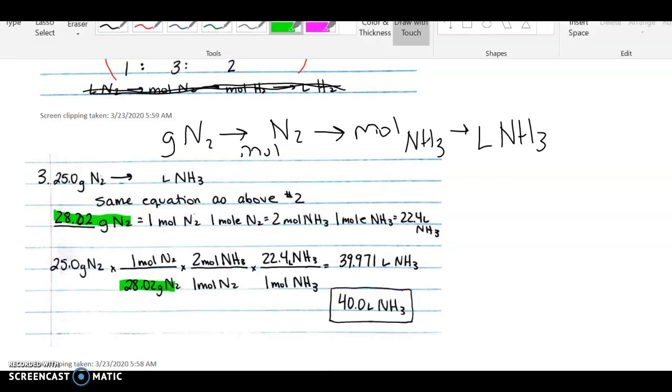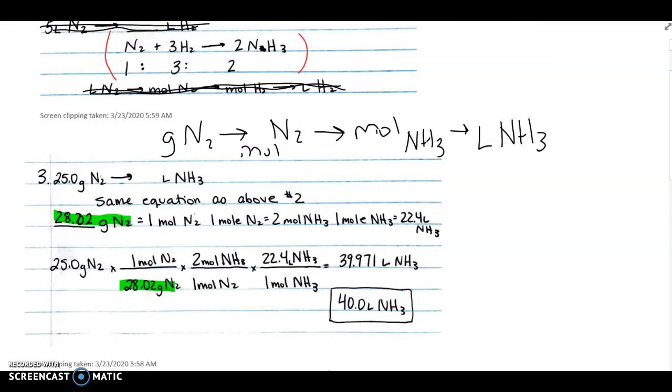And then we also had to go with our 22.4 liters. And you had to get the right mole ratio in the middle here. And that led you to the 40 liters. So that formula weight there was very, very important. We were going from grams to liters. Anytime you start with grams, you have to do a formula weight. So it's going to be different for each substance.